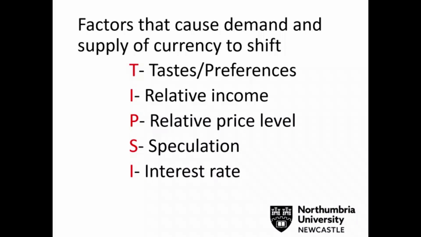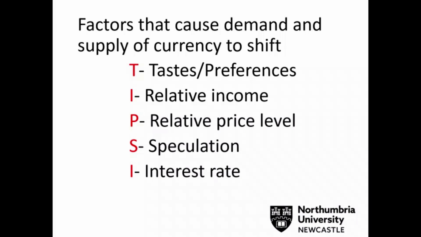If it's cheaper to trade with someone else, then quite a lot of countries may go trade with that other country because their prices are so much cheaper. And if everybody's doing that, then this will increase exports from that country. And if everyone's demanding their currency, then potentially that will push up their price again. And if they become too expensive, you'll stop trading with them because it won't be as cheap to do so.